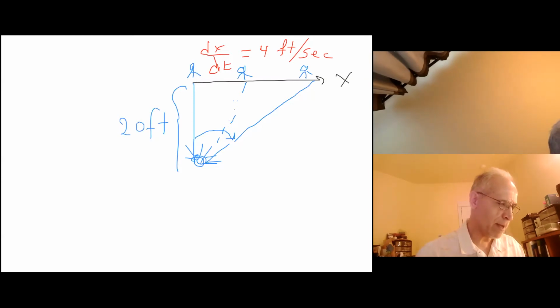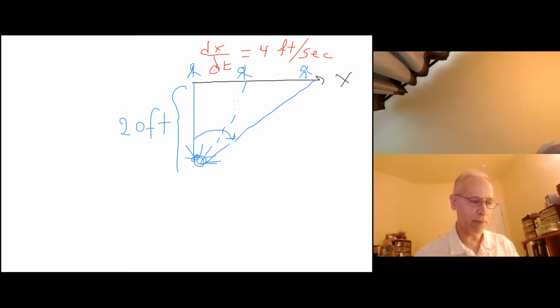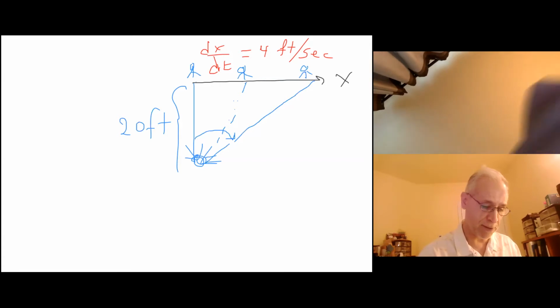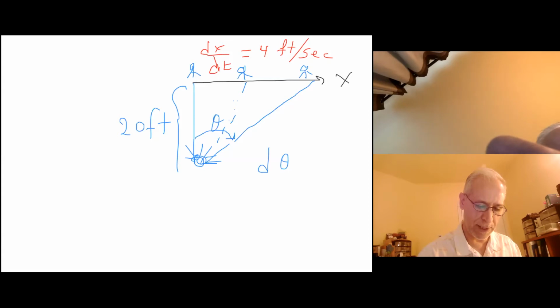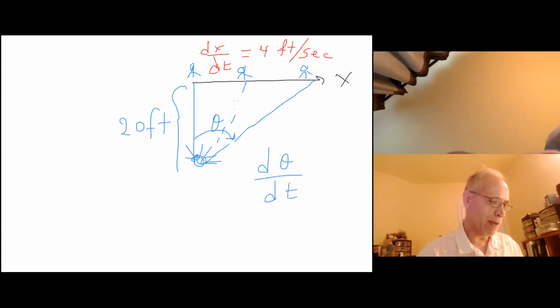And what else do we know? At what rate is the searchlight rotating? Since we are talking about the rotation, we are talking about the angle. If we call this theta, like the picture, we are looking for d theta/dt. At what point?